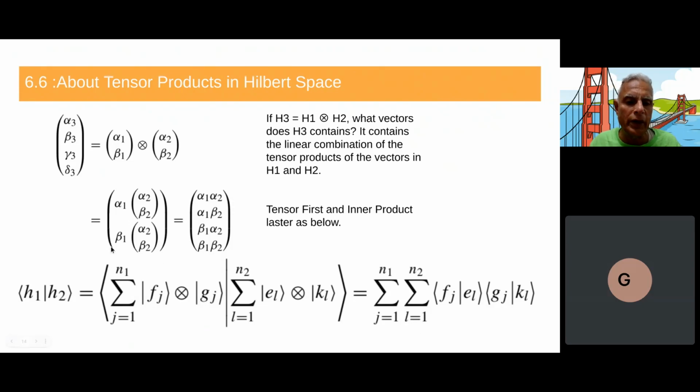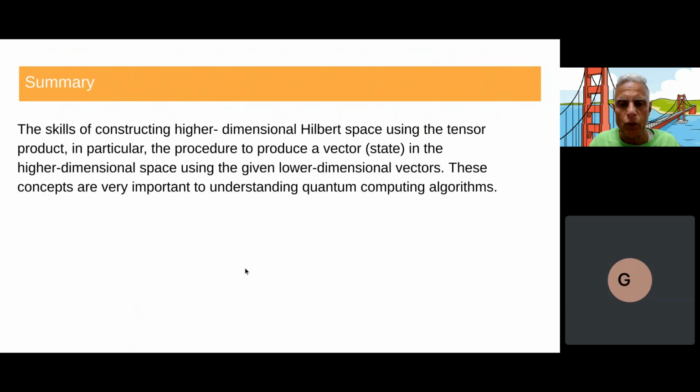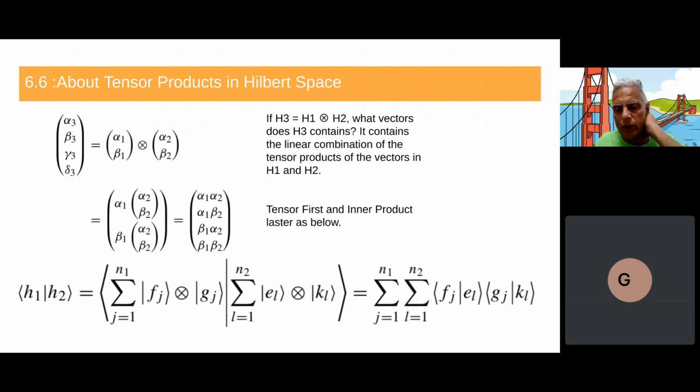So you can have H1 with n1 spaces, and G, the second one, with n2 spaces. So you can combine and then you can get to the level with different spaces.